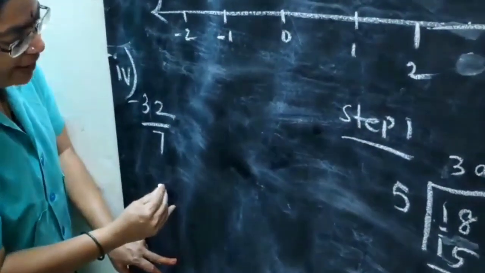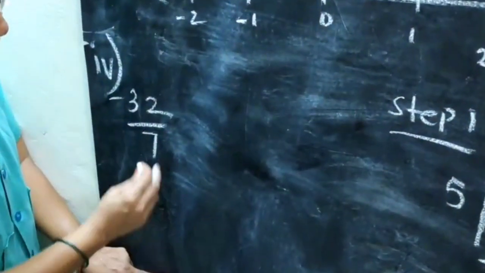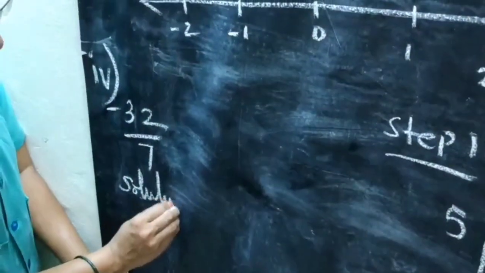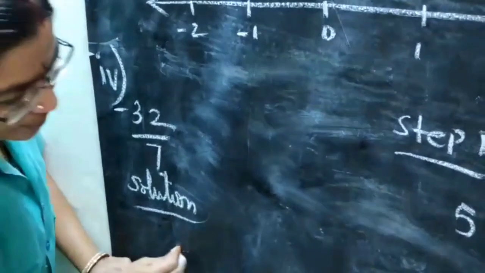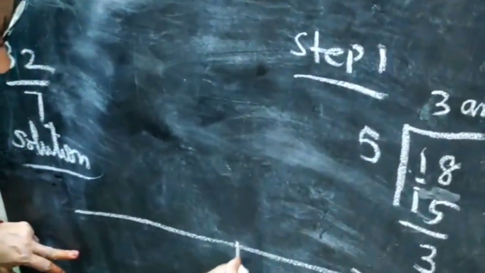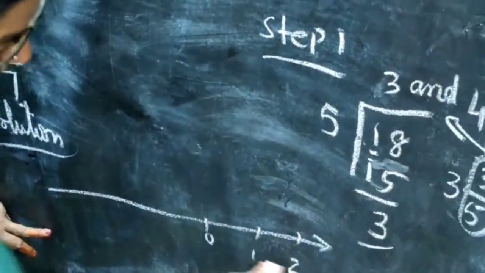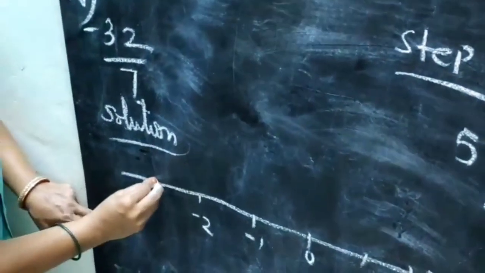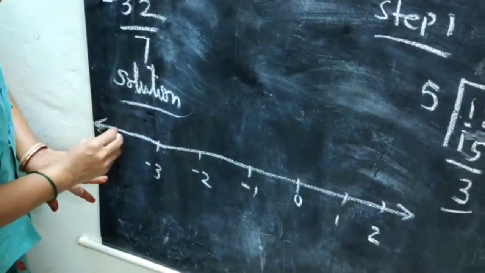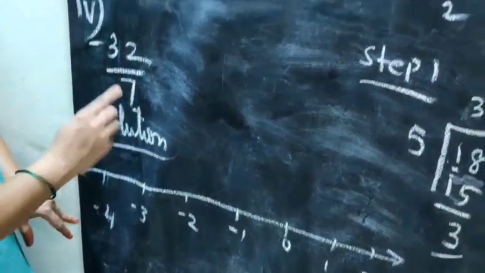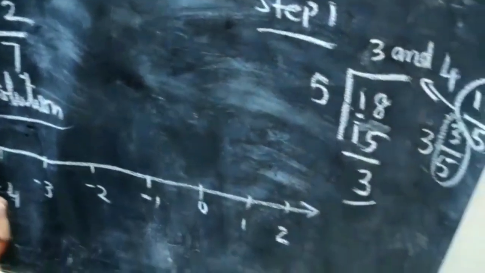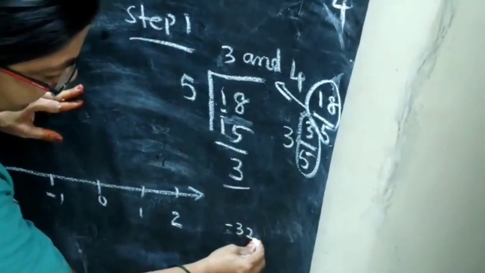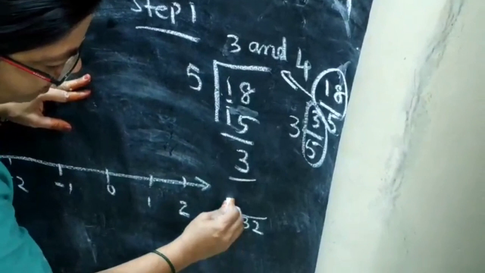Next, minus 32 by 7. What is the symbol? Minus, so look at the left side only. Write 0, 1, 2, and here minus 1, minus 2, minus 3, minus 4. First step is to divide the number: minus 32 divided by 7. Minus symbol.